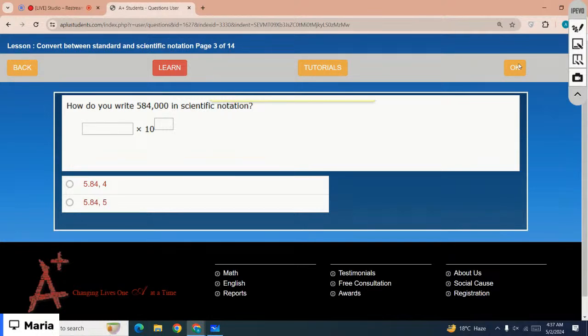How do you write 584,000 in scientific notation? So which is the correct option?